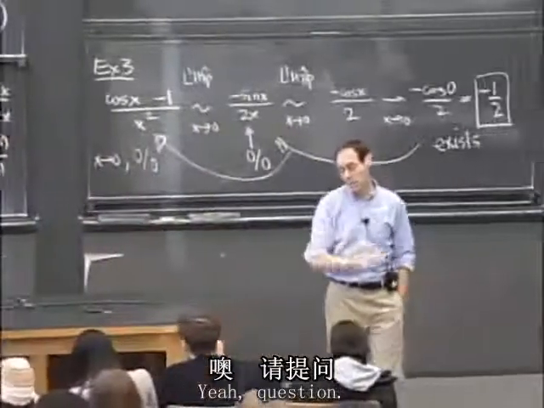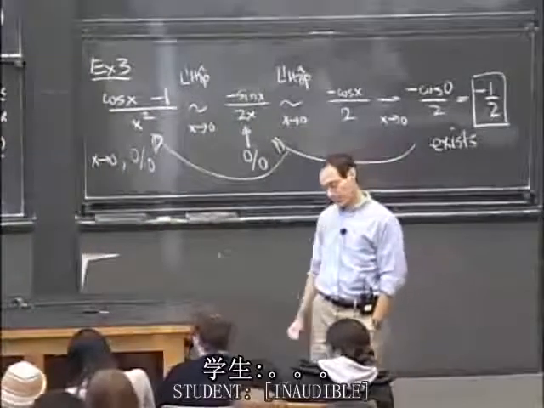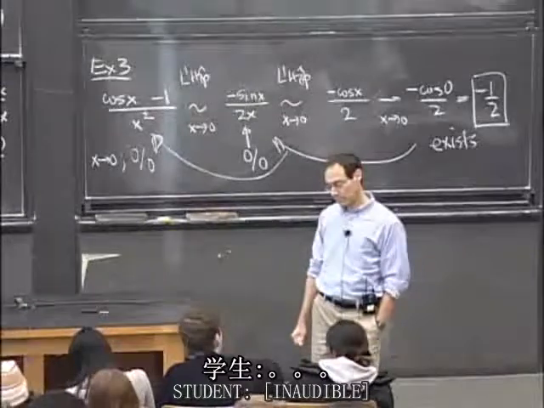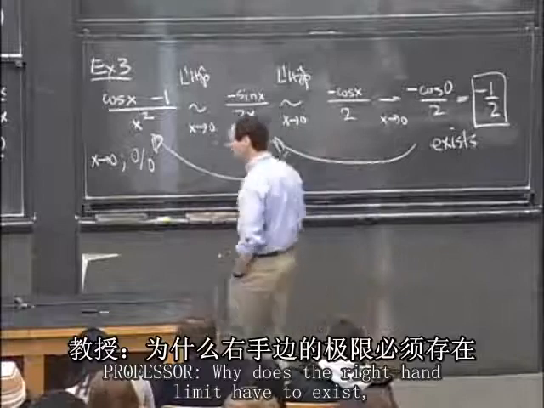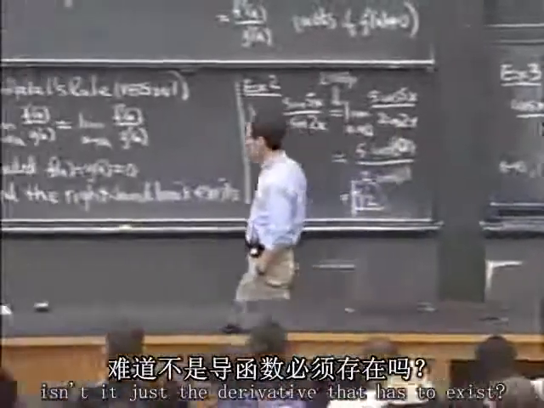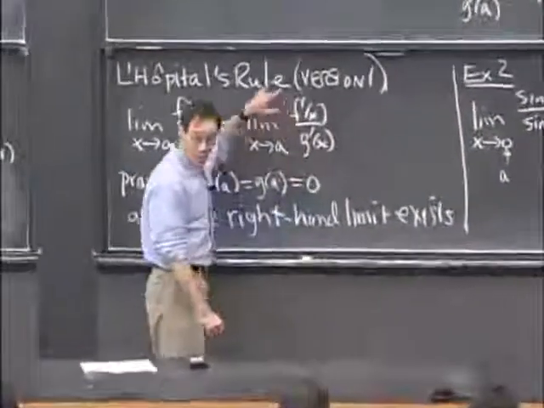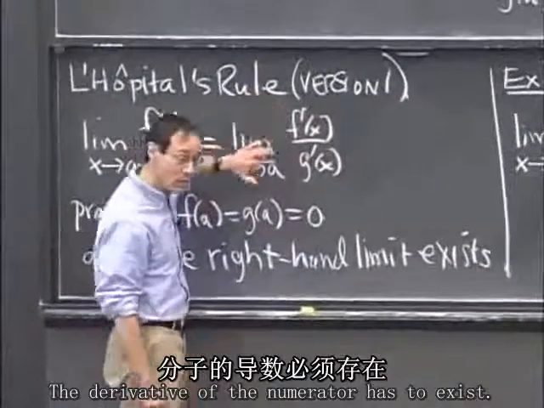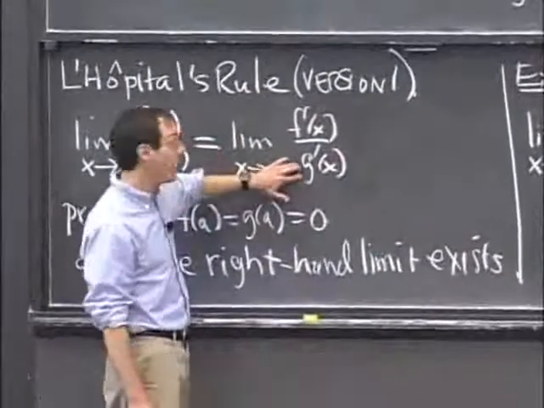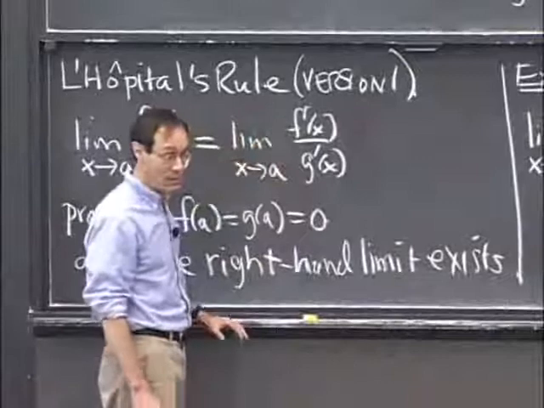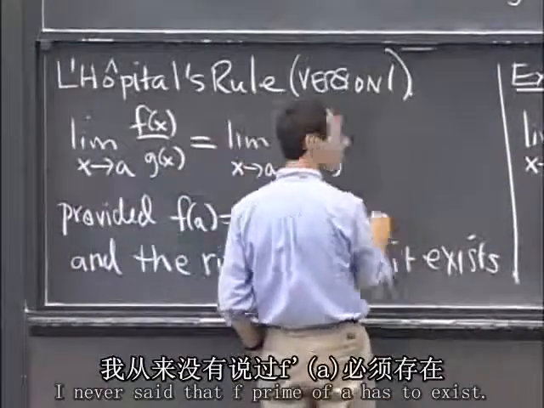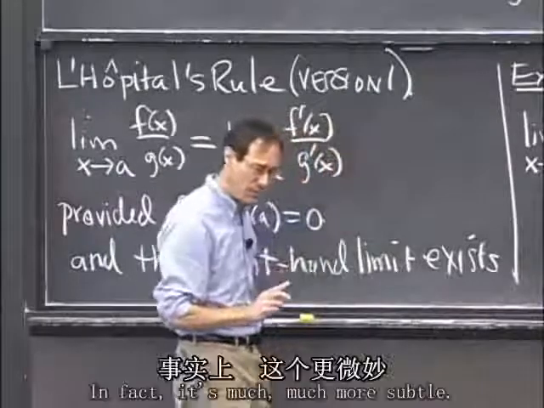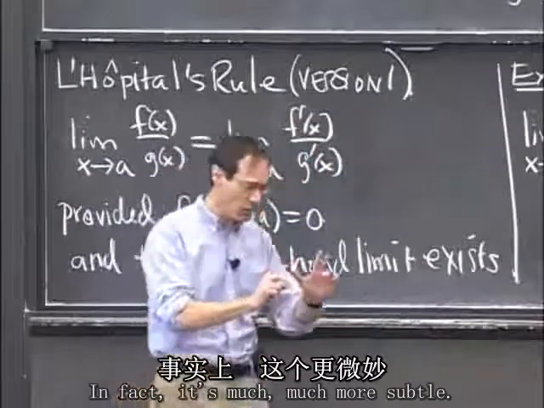Question: Why does the right-hand limit have to exist? Isn't it just the derivative that has to exist? No. The derivative of the numerator has to exist, the derivative of the denominator has to exist, and this limit has to exist. What doesn't have to exist, by the way, I've never said that f prime of a has to exist. In fact, it's much, much more subtle.